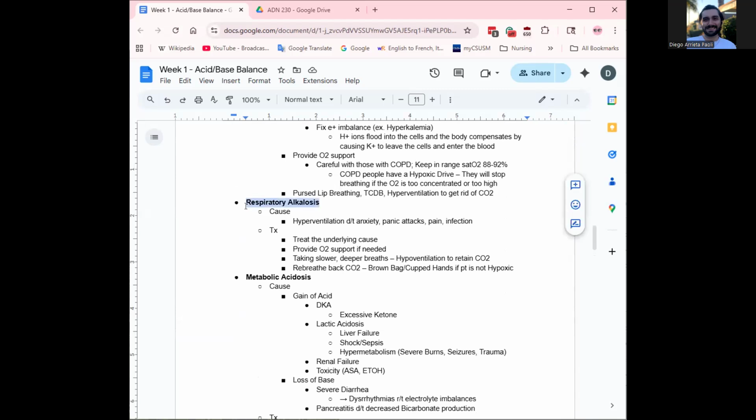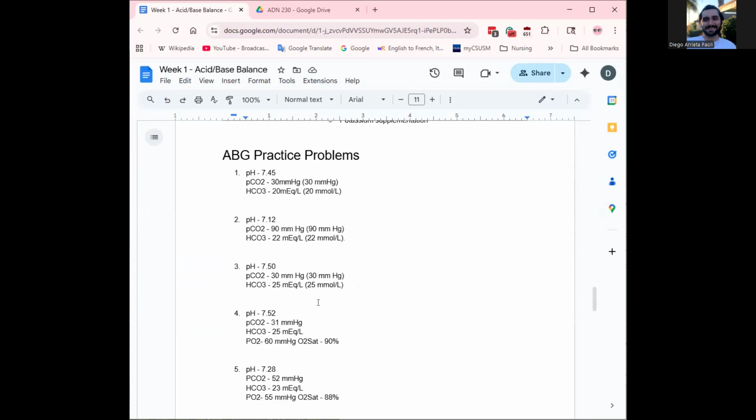They'll be hyperventilating to try to get O2 in, but because they're breathing so much, they're actually getting a ton of CO2 out without getting as much O2 in.